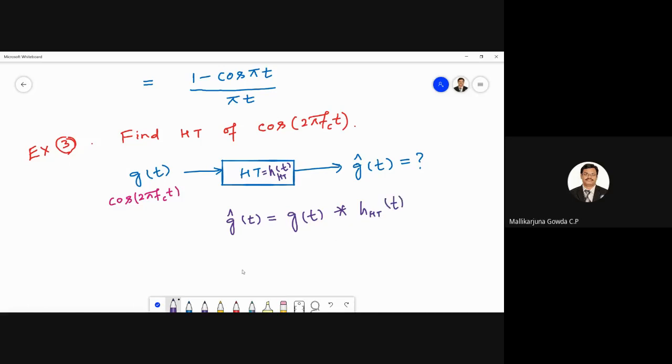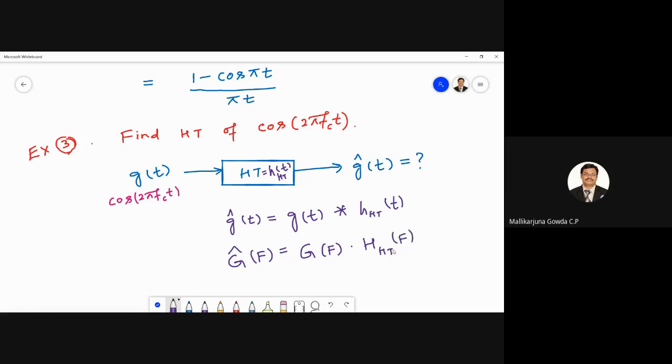So in the frequency domain, I can write G cap of f, which is equal to, I expect one of you to tell, the convolution of two signals in the time domain will be equal to what? G of f into capital HHT of f.